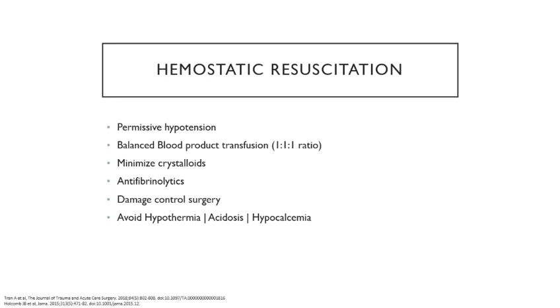Balanced transfusion ratios: the Pragmatic Randomized Optimal Platelet and Plasma Ratios trial demonstrated that a 1:1:1 ratio of packed red blood cells, plasma, and platelets resulted in better hemostasis and reduced mortality in trauma resuscitation. This is due to the fact that this balanced ratio mimics whole blood and prevents dilutional coagulopathy.